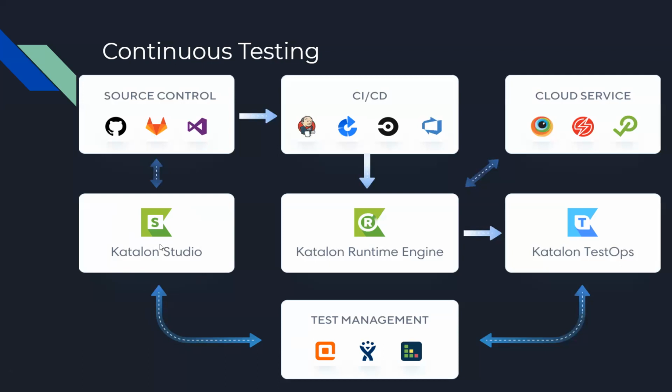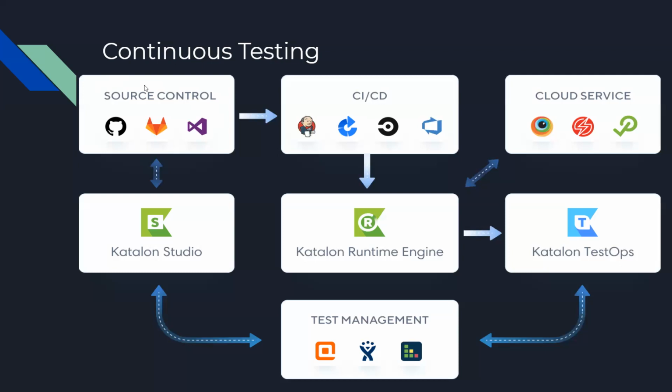Once you are writing your test cases in Katalon Studio, you need one repository where all the developers writing the automation test cases can integrate their code. So we need a source control for that.